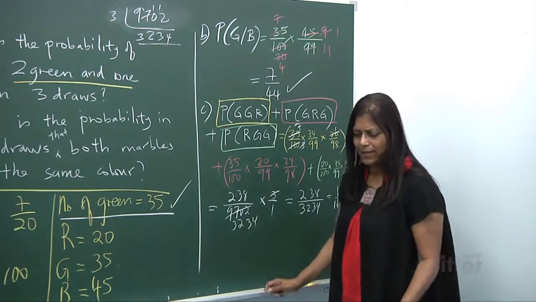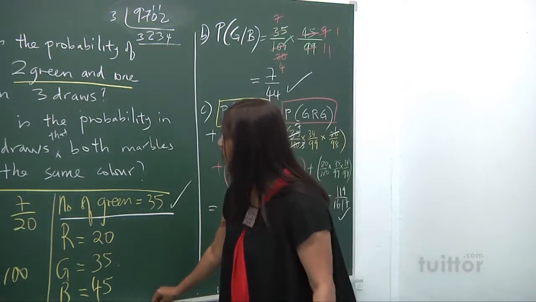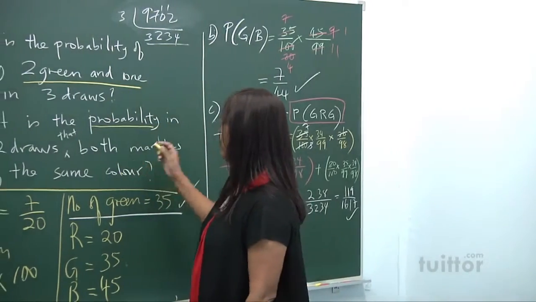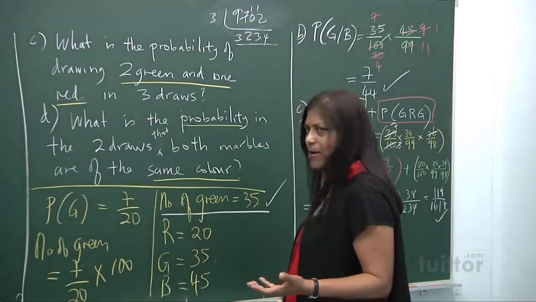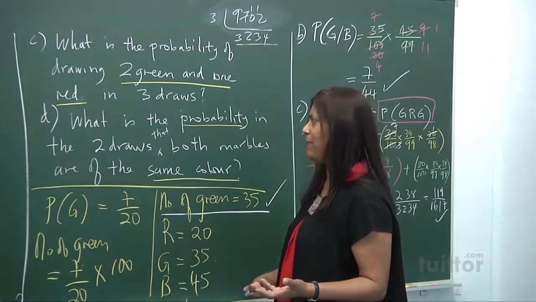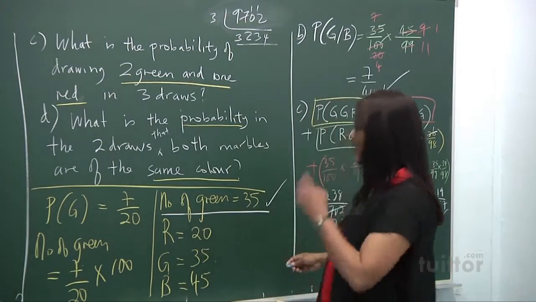Now the next part, let's look at it. They said, what's the probability of getting the 2 draws the same color? What does it mean? A red red, a green green, or a blue blue? So how do we get that done?